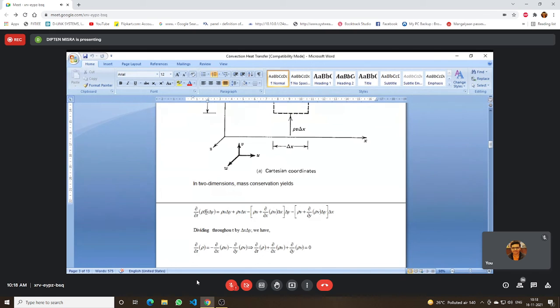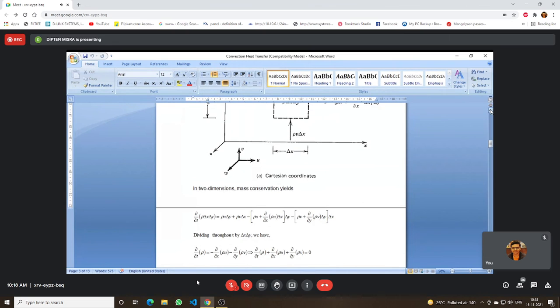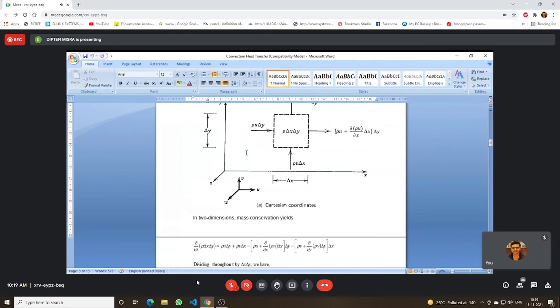So the rate of change of mass within the control volume is equal to the inflow of mass, rho u delta y plus rho v delta x, minus the outflow, given by these two quantities. So the net rate of inflow is what is causing the rate of change within the control volume.